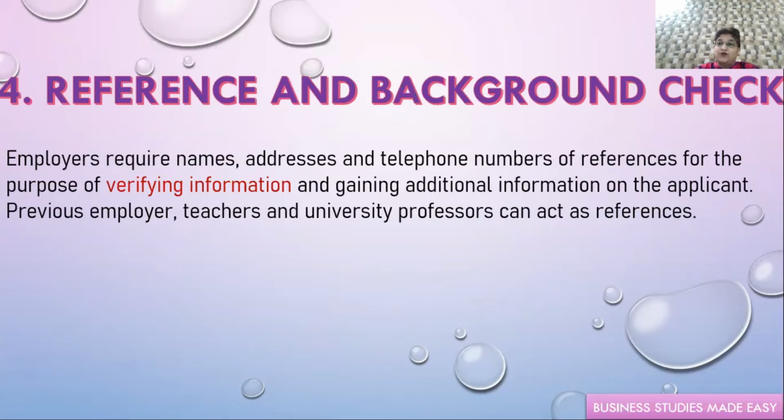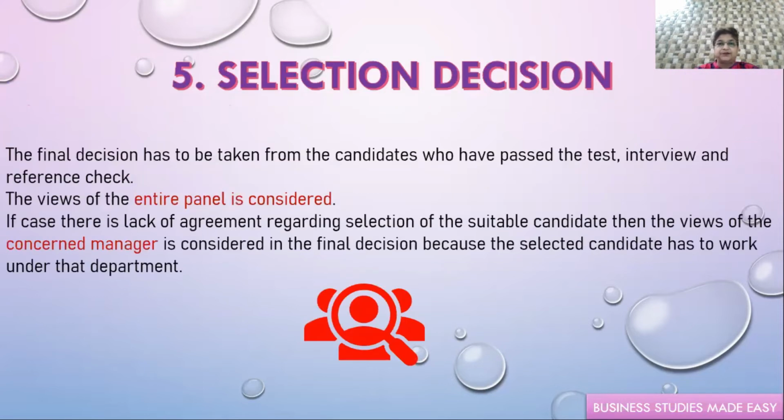And this is to verify the information that you're providing. You may be saying anything and everything. So whatever you're saying, is it correct? Does it hold true? And sometimes for this, teachers and university professors are asked to tell about the person, because they're the ones who have taught. So your ex-employer or your lecturers might be writing for you, giving your background.